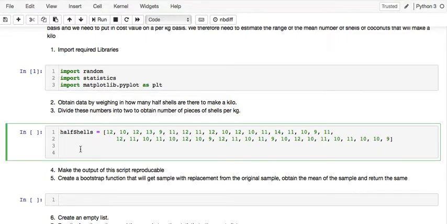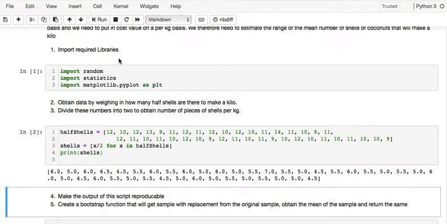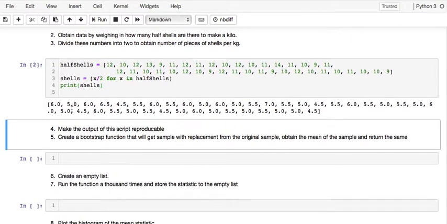And third, divide these numbers by 2 to obtain the number of pieces of shells per kilogram. So these are already the number of pieces of whole shells per kilogram.